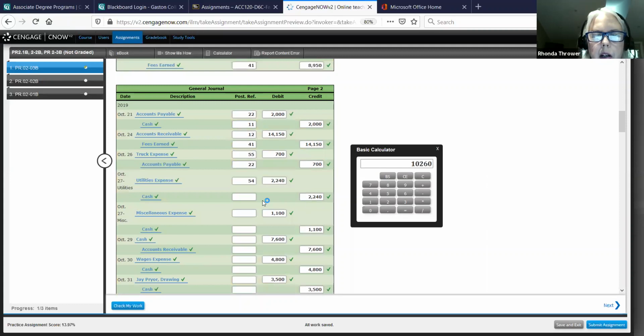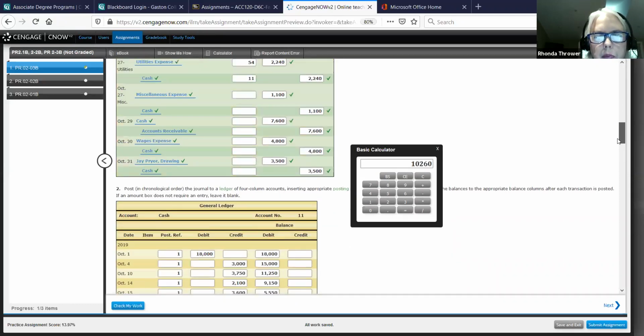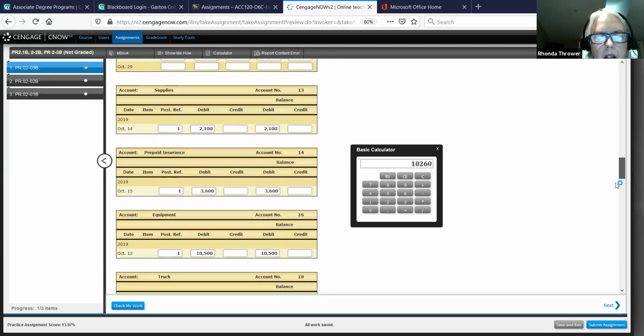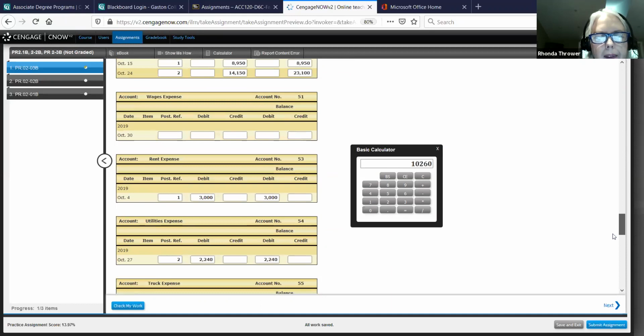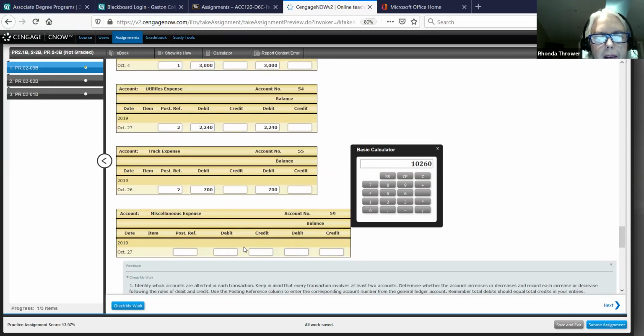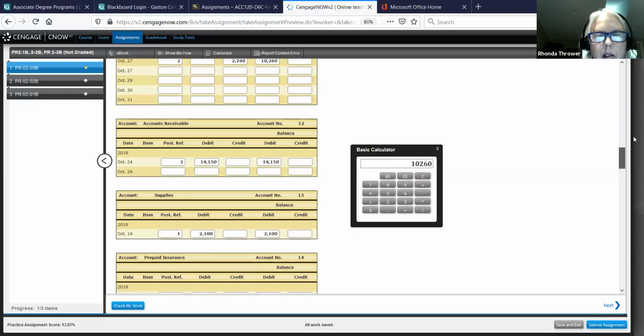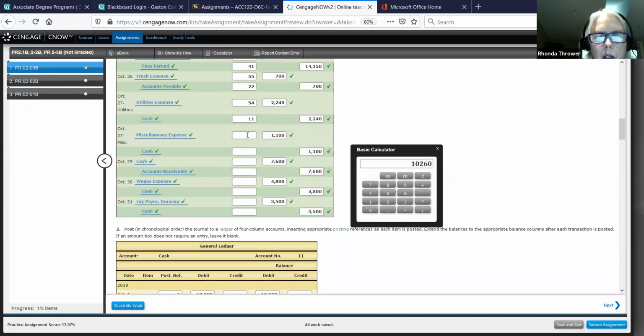Put your 11 here. And I'm going to move to my next account, which is miscellaneous expense. Miscellaneous expense was debited for $1,100. Came from page 2. It's debited for $1,100. Expenses have debit balances. 59 is going to go here.